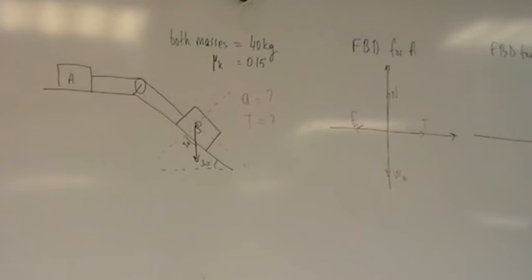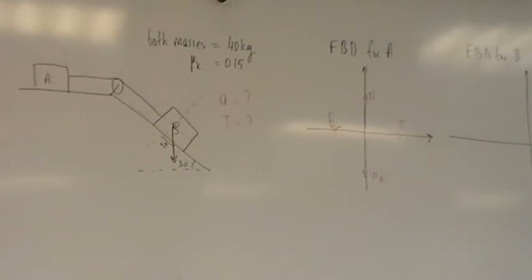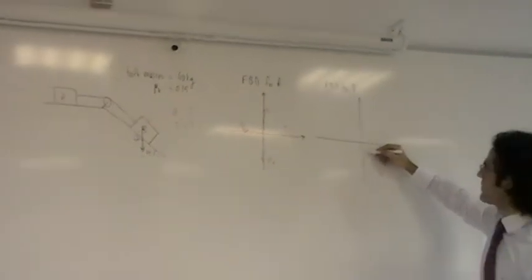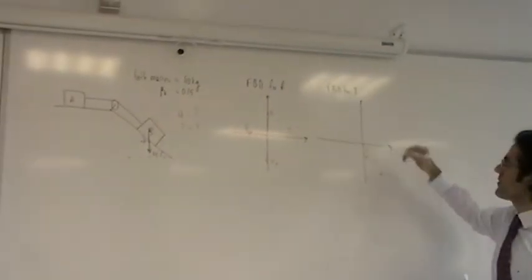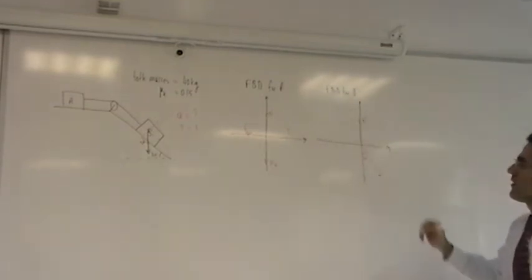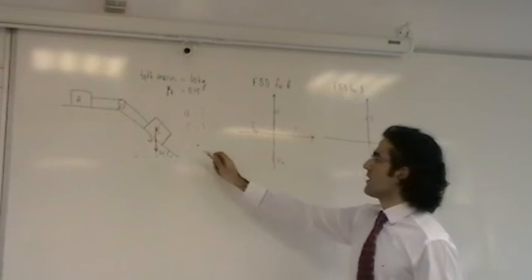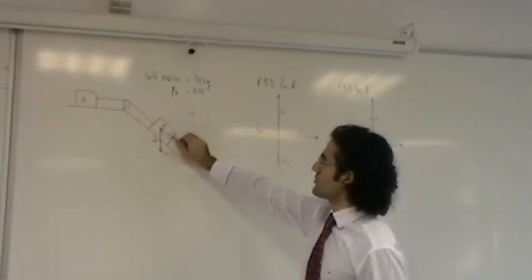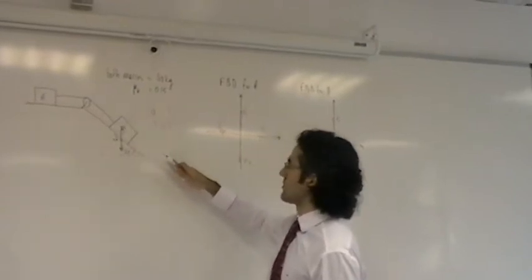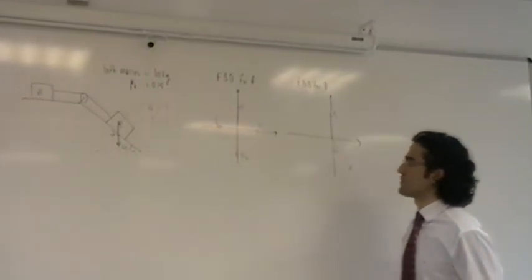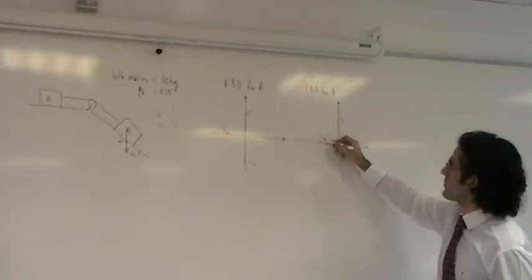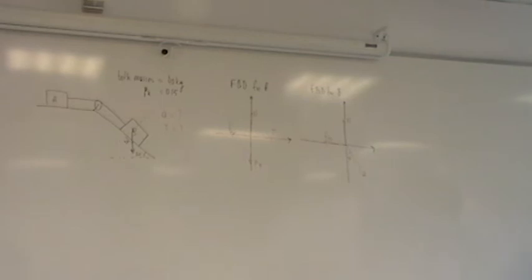If I put these x and y coordinates, W is going to be somewhere here, and this angle here is 30 degrees. We have got a normal force acting perpendicular to the surface, and there is one more force, and that is force of friction, which is parallel to the surface and acting upwards, because the relative motion is trying to pull this object B downwards, and the force of friction is acting in that direction. I'm going to say this is force of friction for B.